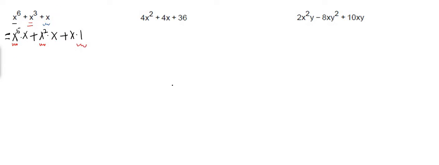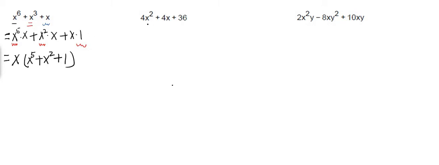So when we factor common factor x, and the left terms for the first term should be x to the power 5, and for the second term should be x squared, and for the last term gonna be 1. Okay, just copy x to the power 5 plus x squared plus 1.